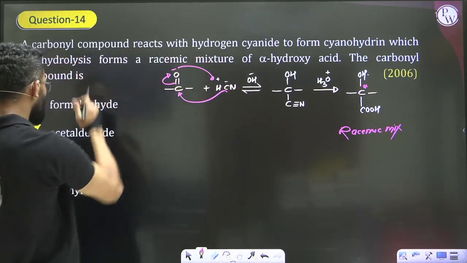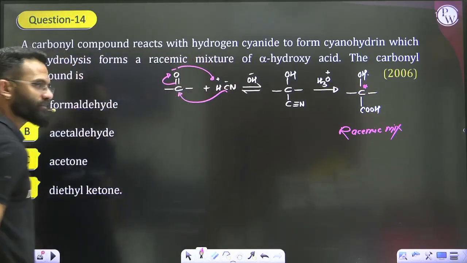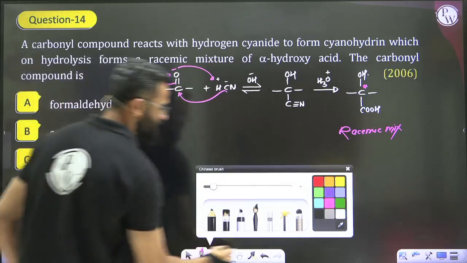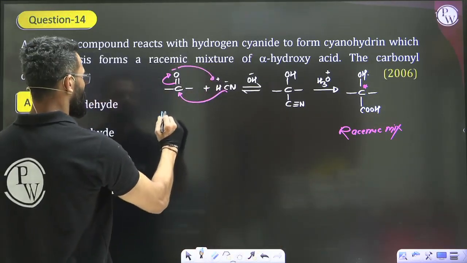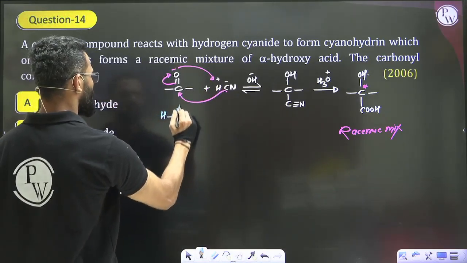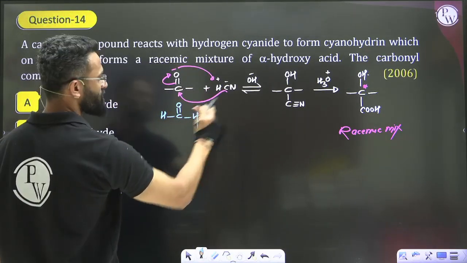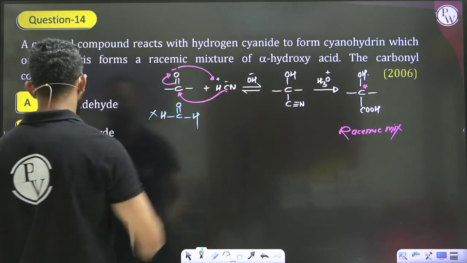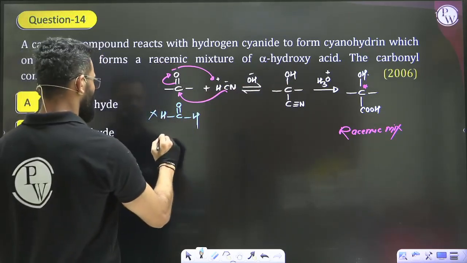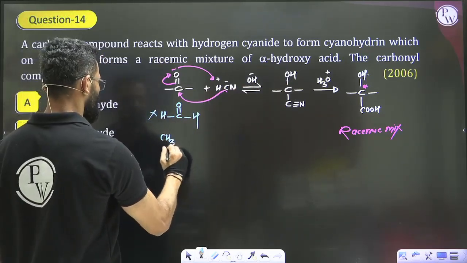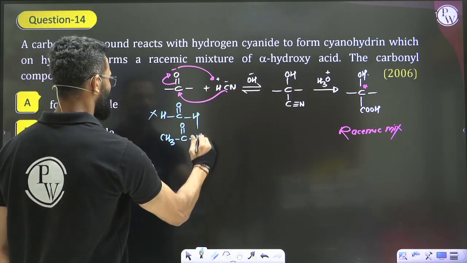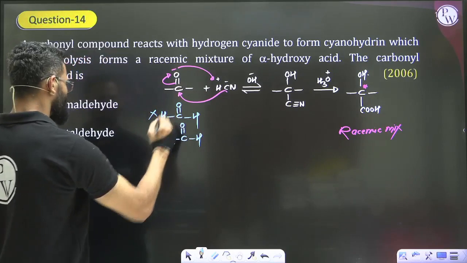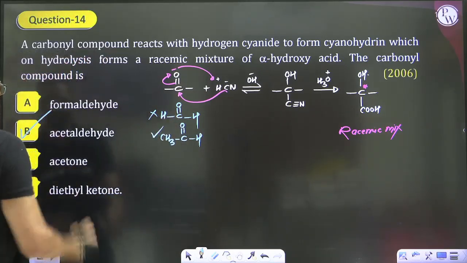Let's see which option says the two are different. The first example is formaldehyde. In formaldehyde, both are identical, so the product is not going to be chiral, so this is not our choice. Second is acetaldehyde. Yes, in acetaldehyde these two are different, meaning this is our right choice. So the answer is certainly going to be B.